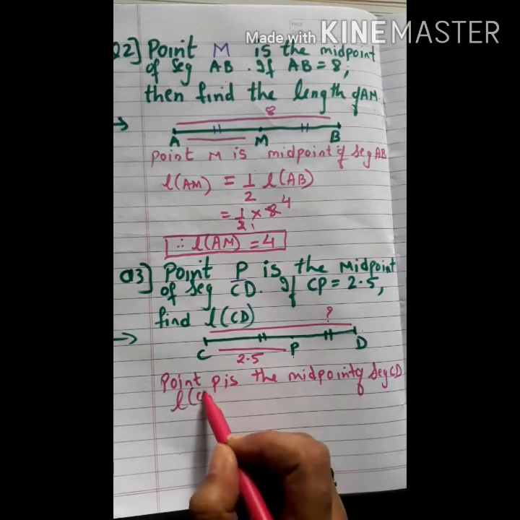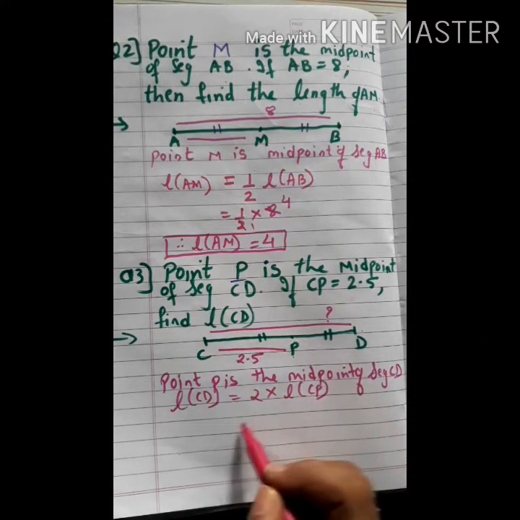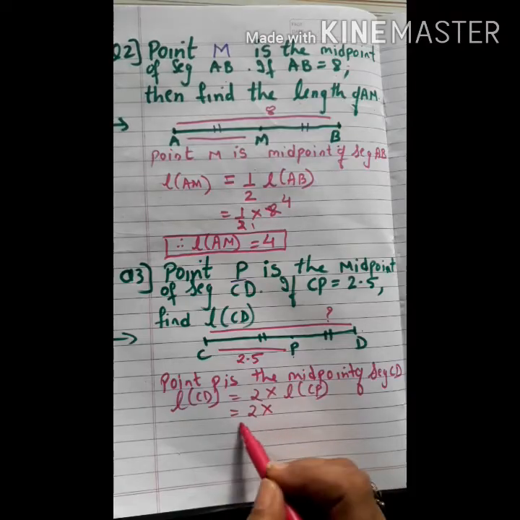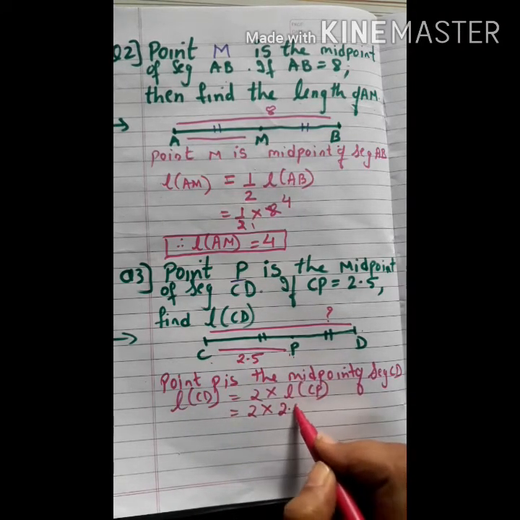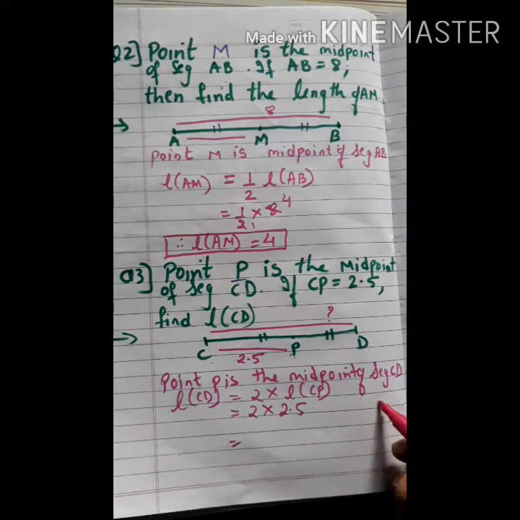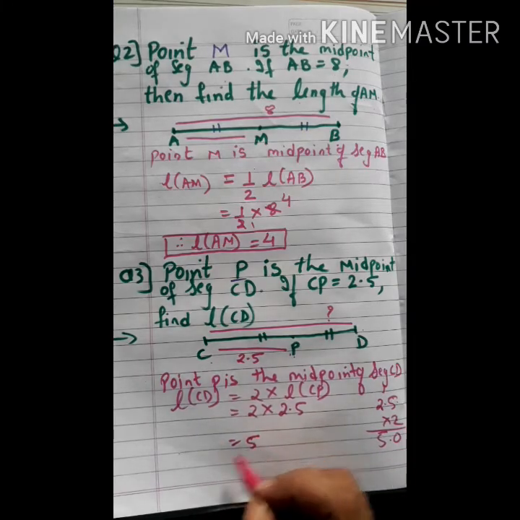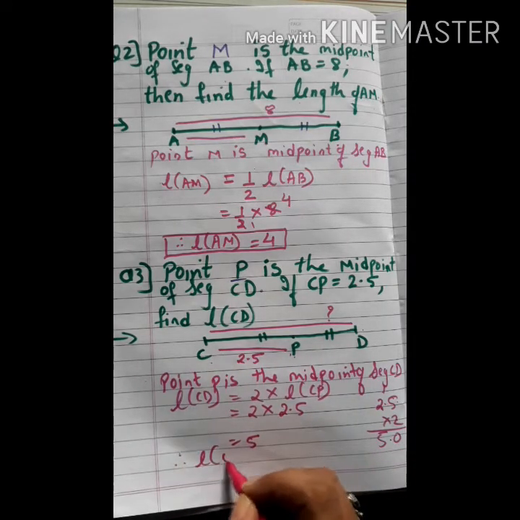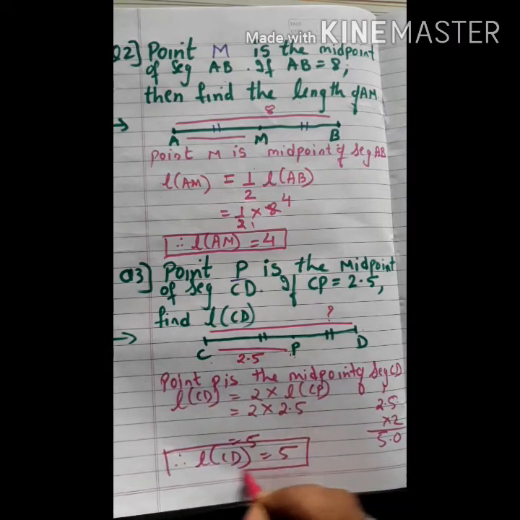Length of CD equals 2 times the length of CP, equals 2 multiplied by the value of CP, which is given 2.5. So 2.5 multiplied by 2. 2 fives are 10, plus 1 is 5, after one number a decimal, 5. Therefore, length of CD equals 5. Understood?